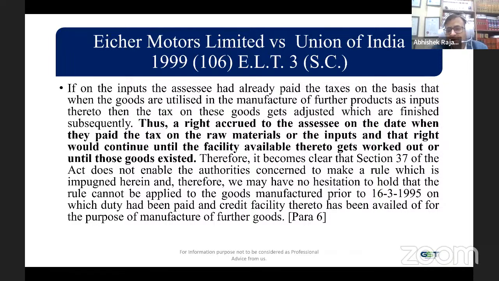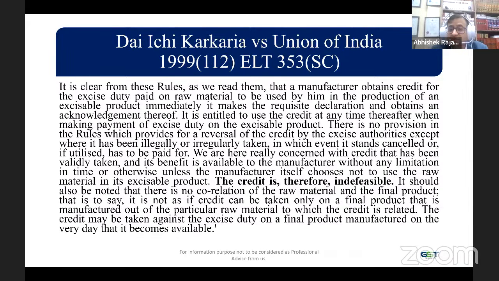In one of the judgments of the excise era, the Honorable Supreme Court in Eicher Motors in 1999 said that the right of Cenvat credit or tax credit is accrued till goods are excised. In Dai Ichi Karkaria, the same year, the Supreme Court said that the right is indefeasible.